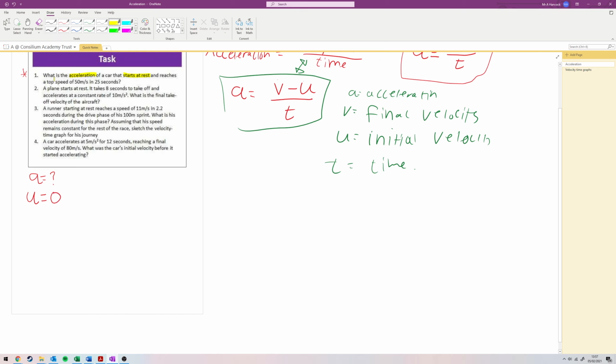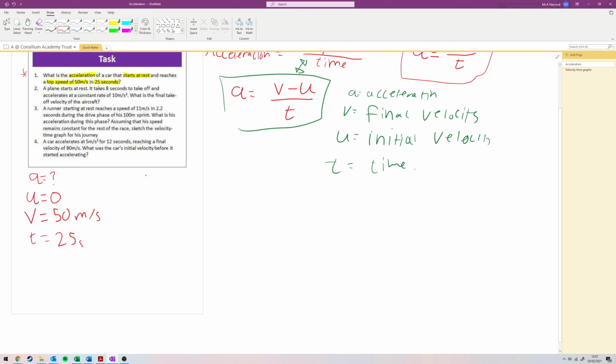And it reaches a top speed of 50 meters per second. So that is the final velocity, and that's 50 meters per second. It then says it took 25 seconds. So the time taken, 25 seconds.